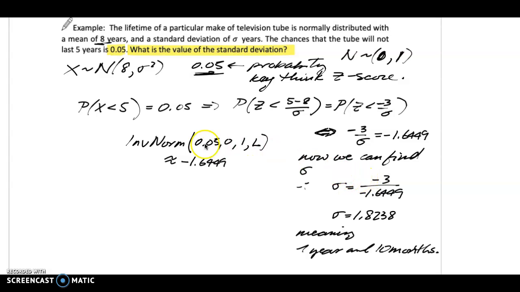But you do need to put it into the standard normal. That's what you need to do. Okay, so that's it. That is a wrap on the course.